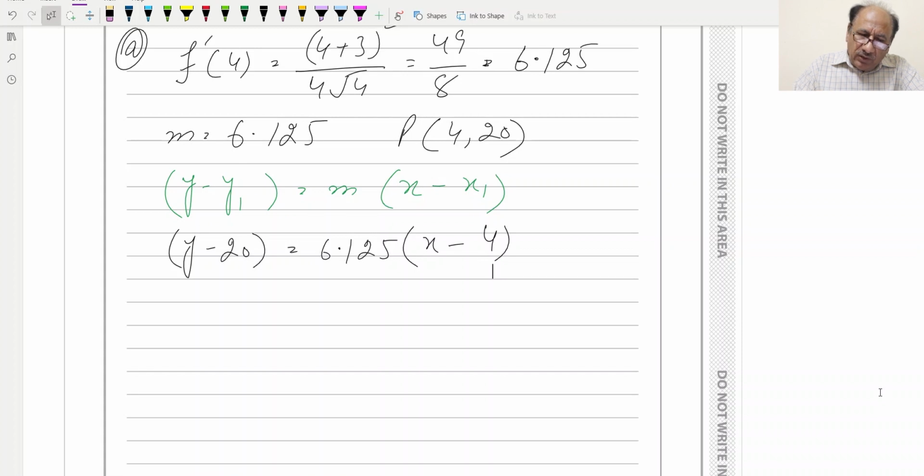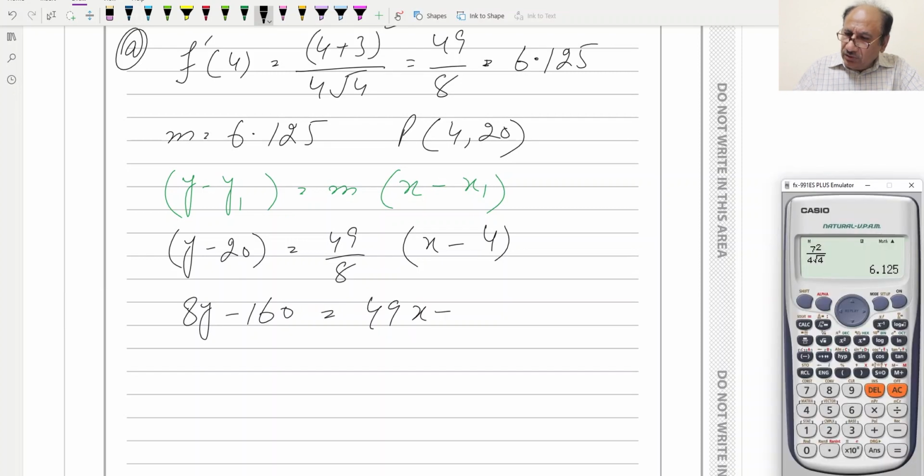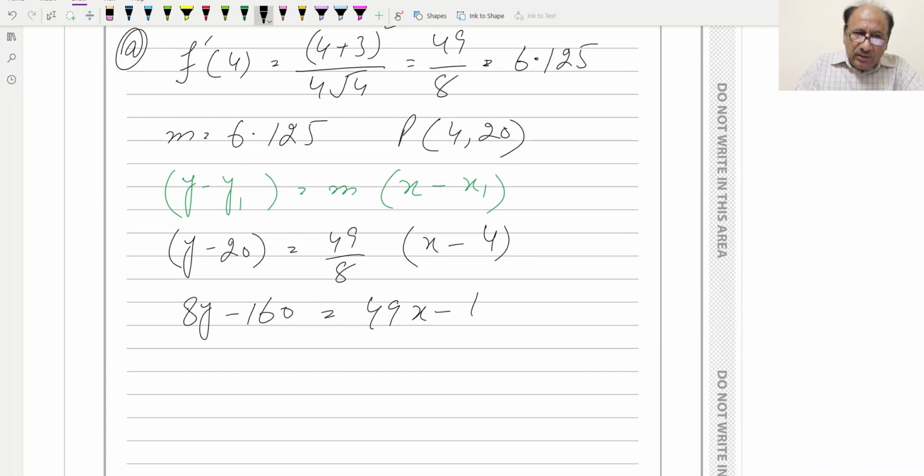Now we have to open the brackets, and instead of 6.125 we can write the fractional value, which is 49 over 8, and we can shift this 8 to the other side. It will be 8y minus 160 is equal to 49x minus 49 into 4, which is 196.